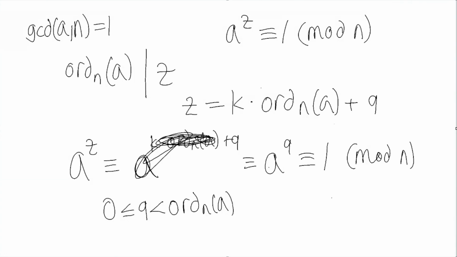If q is a positive number, then that's bad, because then q is the smallest number, not the order. So therefore, this implies that q is equal to 0. In other words, z is a multiple of the order. And this finishes the proof that the order modulo n of a divides z.